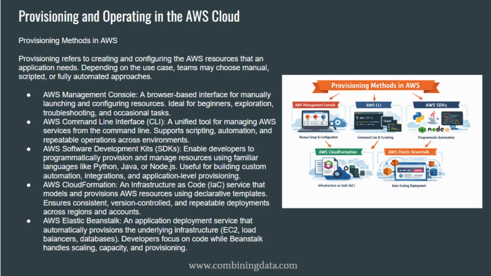When it's commonly used: custom automation logic, applications that create resources dynamically, integrations with other systems. Example: a Python application using Boto3 that creates an S3 bucket when a new customer signs up. Key distinction for exams: CLI, scripting from the command line. SDKs, provisioning from inside application code.